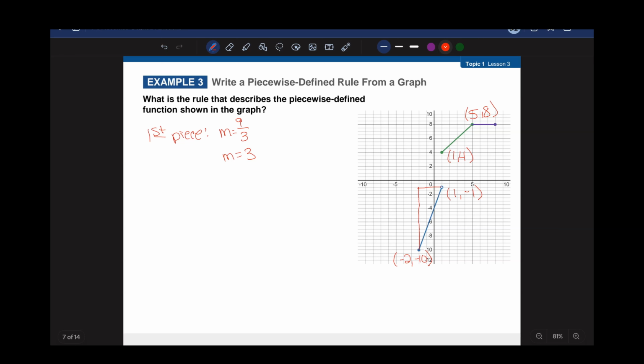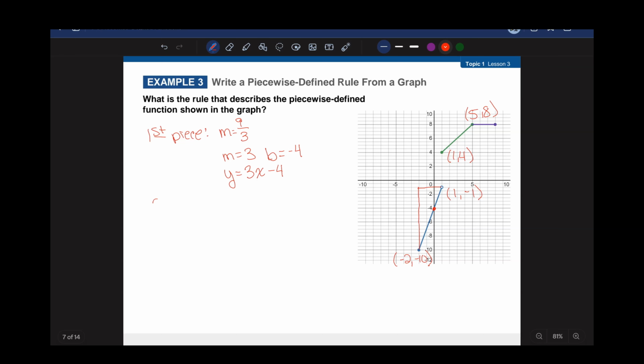Okay? And if you can see where you cross the y-axis, that's at -4. That would be your y-intercept is -4. So the equation is y equals, this is slope-intercept form, your slope times x, and then your y-intercept. So that equation is my first one.